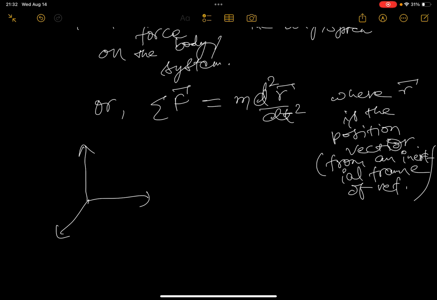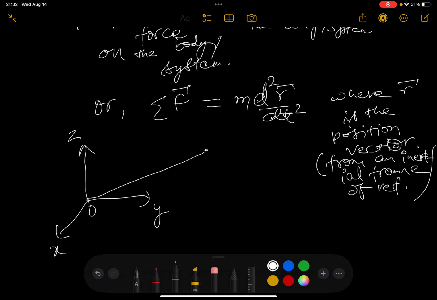So let's suppose this OXYZ is an inertial frame of reference, and there is a point particle with position vector r.